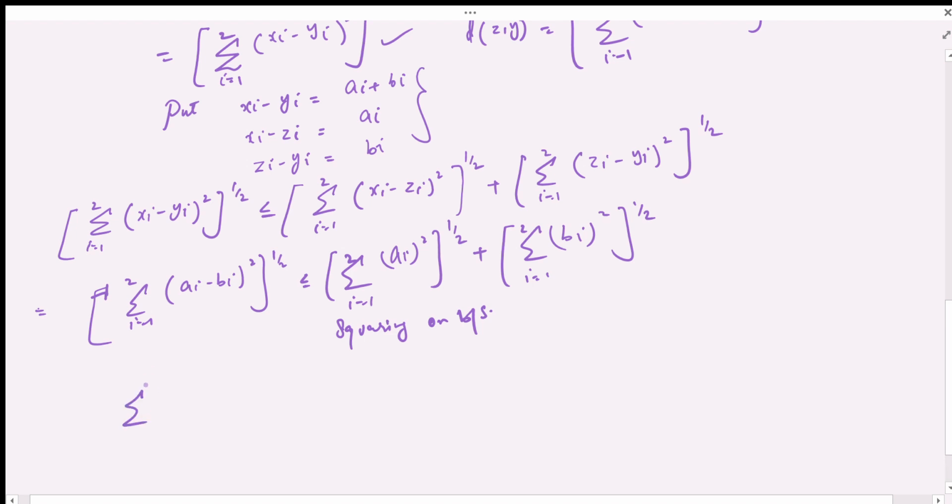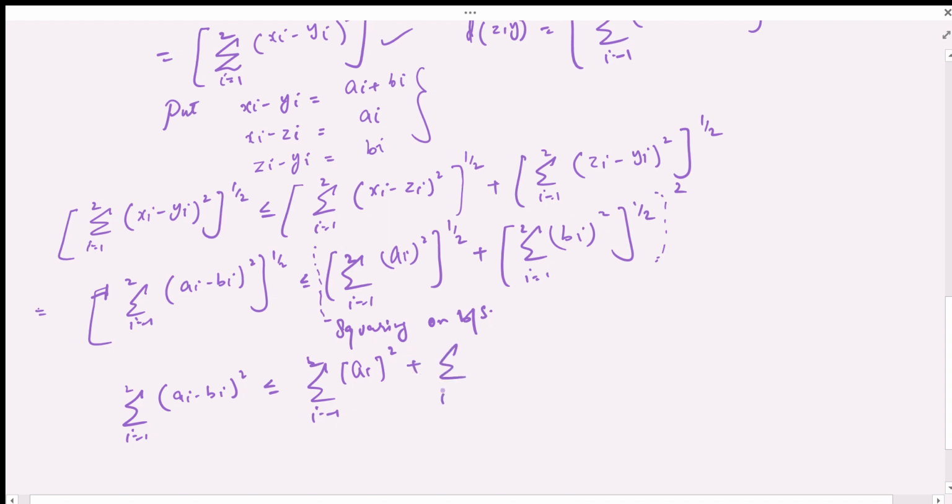You will get this as cancelled out. You will get here summation i equal to 1 to 2, (ai minus bi) whole square is less or equal to, when you square this whole term, it will be the (a plus b) whole square formula. So give the square to this term: summation i equal to 1 to 2, ai square only.